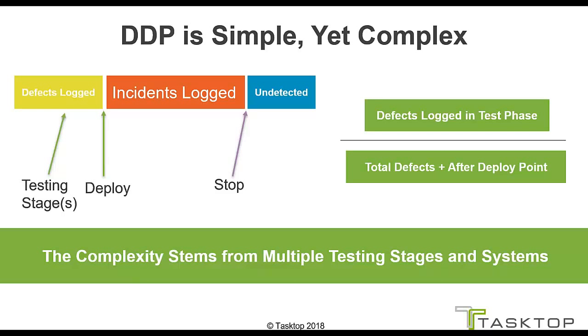Looking at this slide, let's say you found 20 defects in your latest regression testing stage of your last monthly service pack, and you released it to your production environment, say on August 1st. So from August 1st, your end users throughout the world are working with your software and identifying incidents.